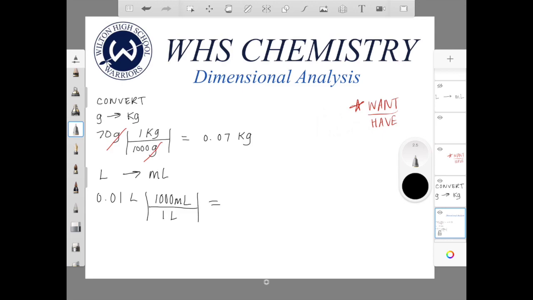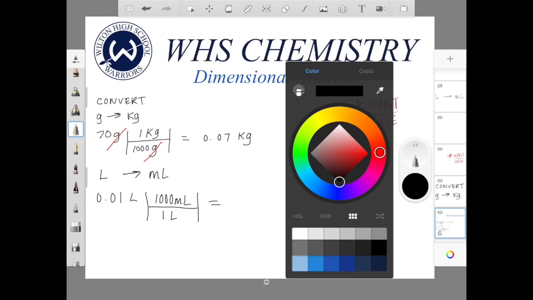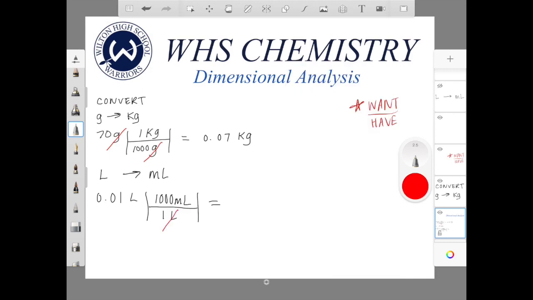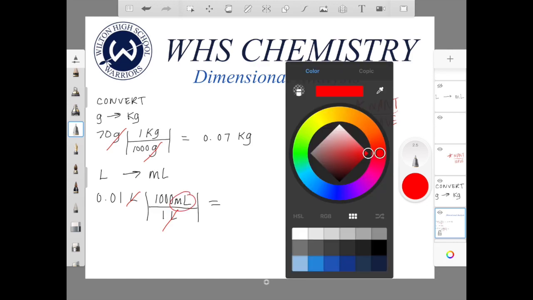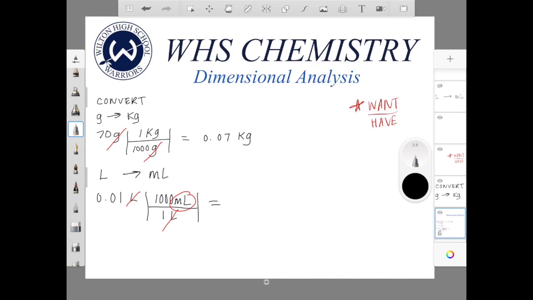And then we do 0.01 liters times 1,000 milliliters, divided by 1. Once again, the same as before, our liters cancel out and we're just left with milliliters, which is the unit that we want, and we get an answer of 10 milliliters.